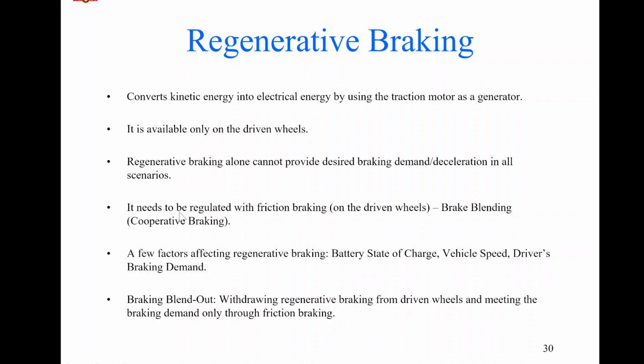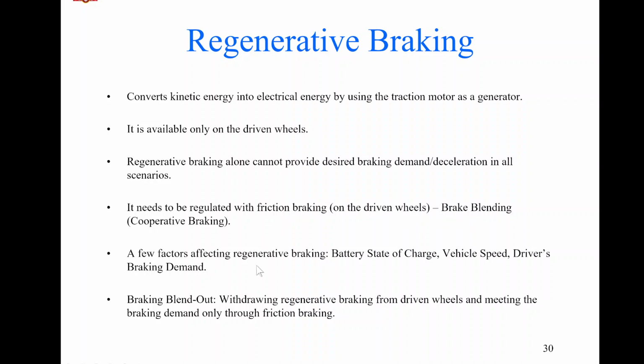As you know, we have friction brakes on IC engine vehicles. Again, we'll be taking a look at it in the brake section. But today we can have some more discussion on regenerative braking. The regenerative braking needs to be regulated along with friction braking so that we can have a blended braking situation.